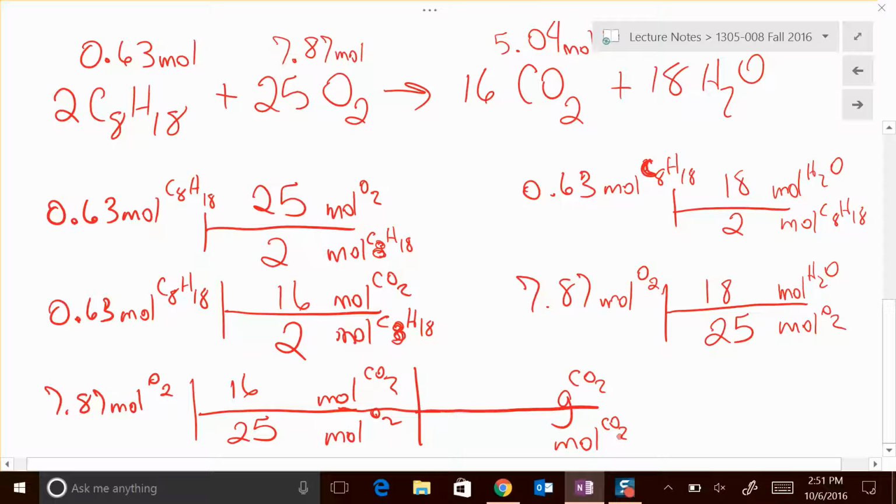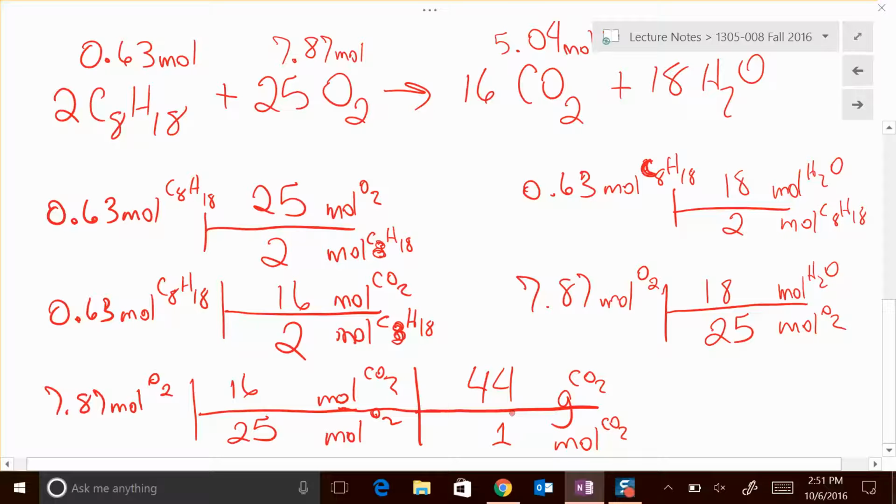What number do I put right here? Moles of O2. If it's grams to moles, moles are always 1. Grams are 44.